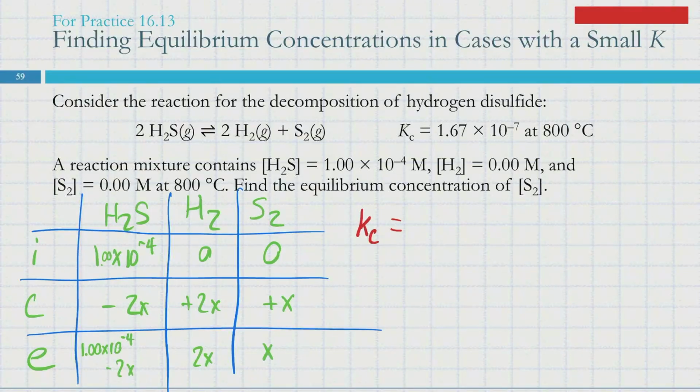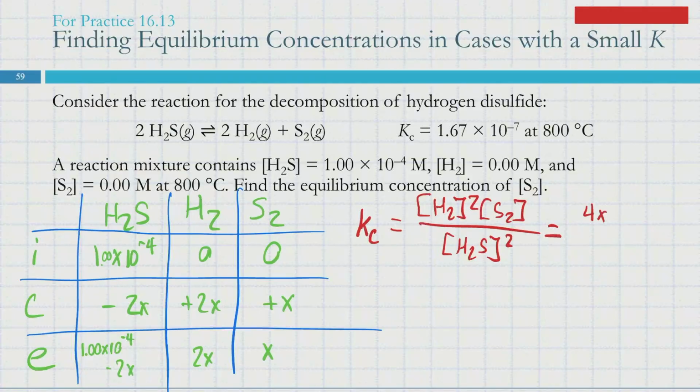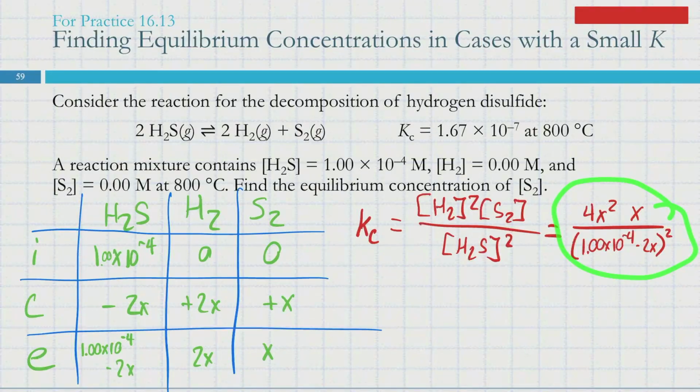Set up our Kc expression again. Plug in our equilibrium values. Should end up with something like this on the right side.